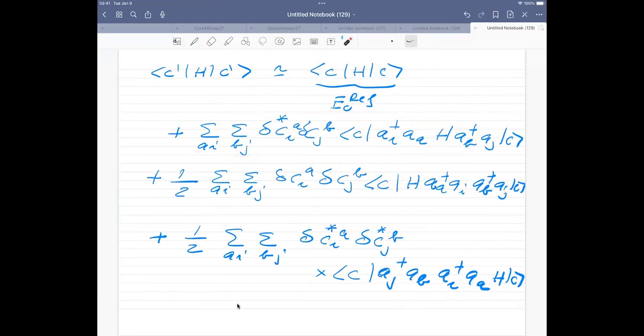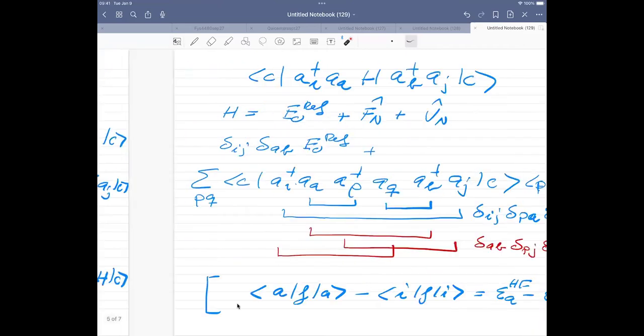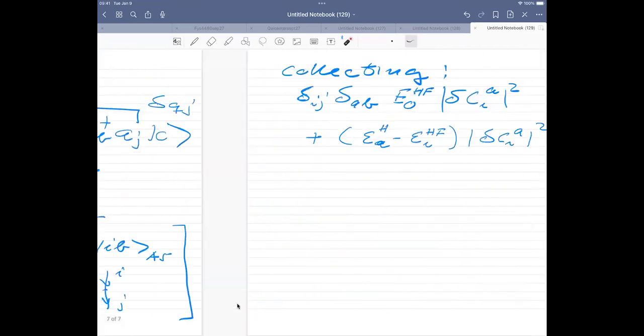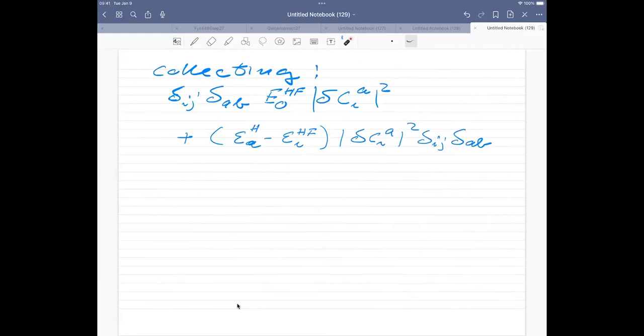So I have a sum over A and B, and a sum over I and J. That means that when you look at that specific term, we have to be a little bit careful, because we have to make a sum here over A and I. Okay, so that is that term.